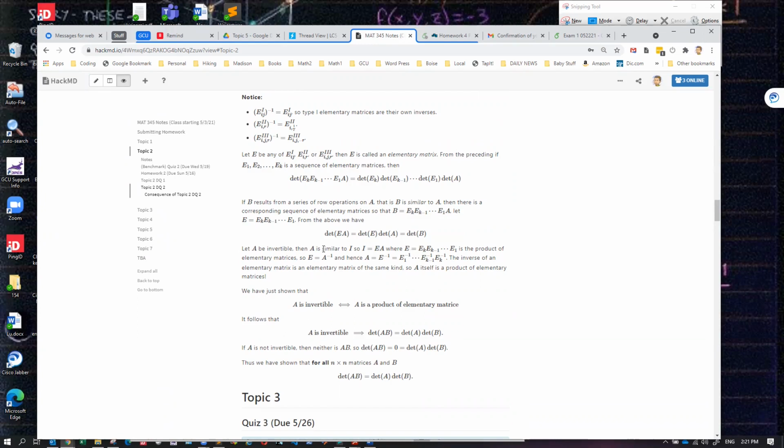A similar to I means I can row reduce A to I, so I can apply a bunch of these elementary matrices one after another, because each one is doing a step in the row reduction. So I is equal to E times A, where E is a product of these elementary matrices.